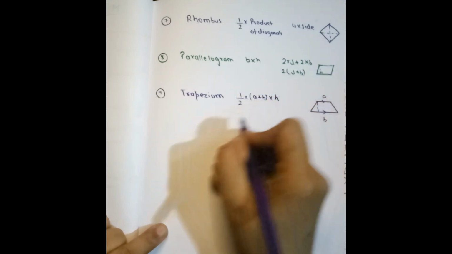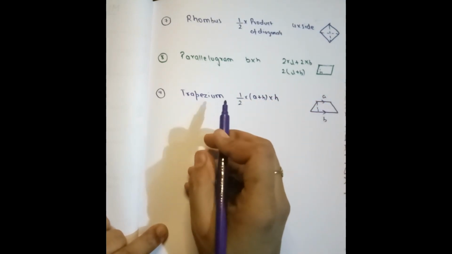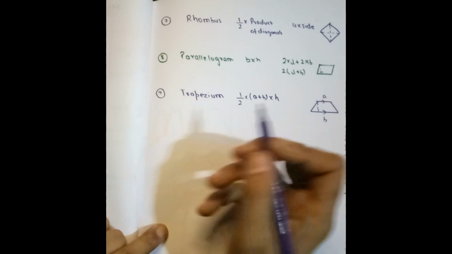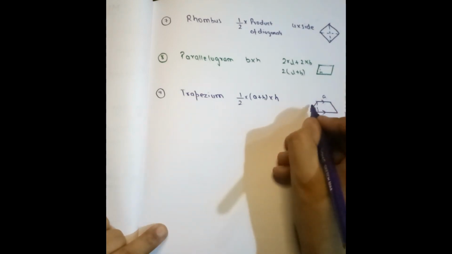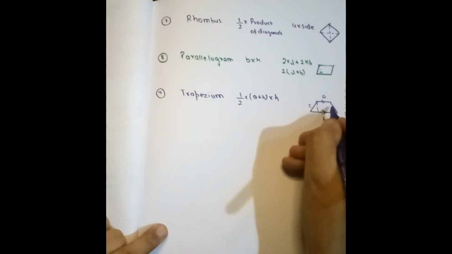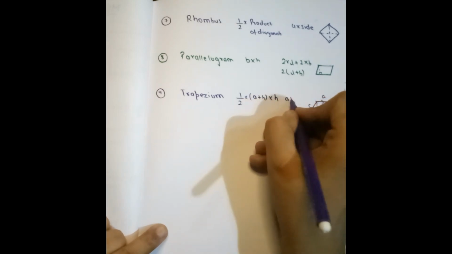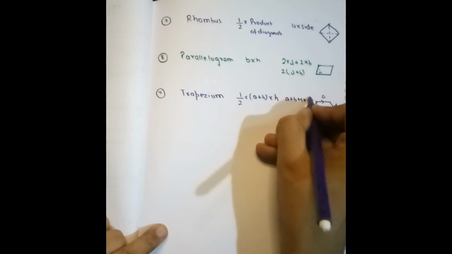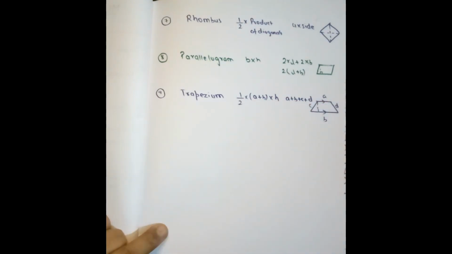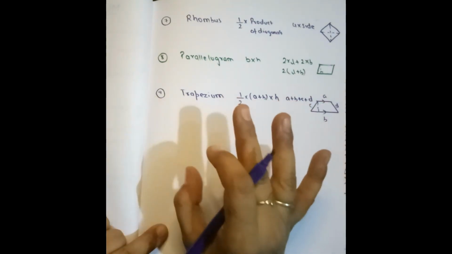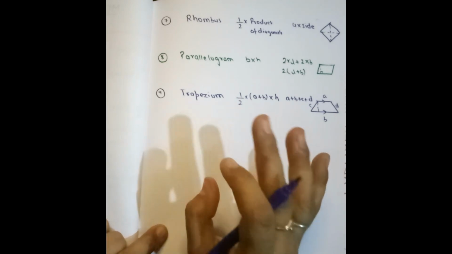So this is how we find the area. Now if we have to find the perimeter, it is simply A, B, and sometimes the other sides are equal in length, but sometimes they are unequal also. So let me just write C and D. It is simply add the lengths, A plus B plus C plus D. Alright, so this is basically all the 2-dimensional shapes.